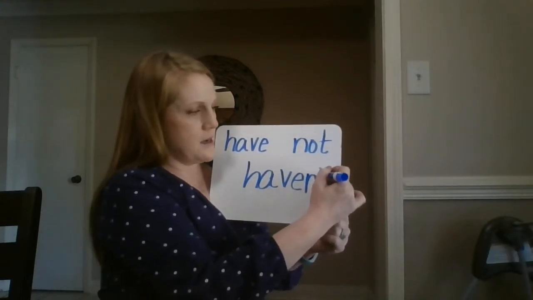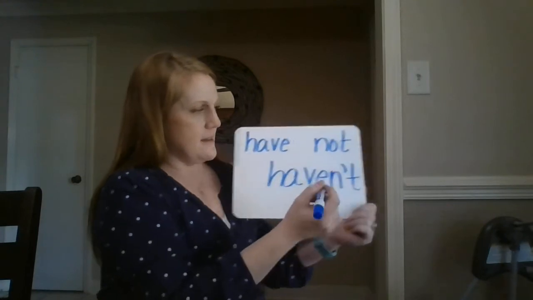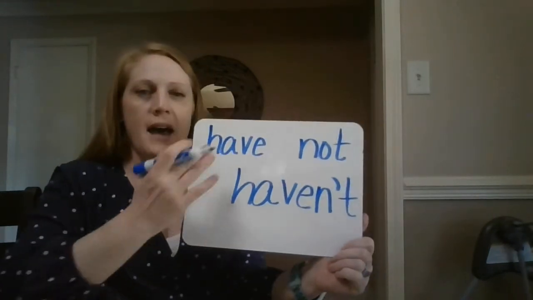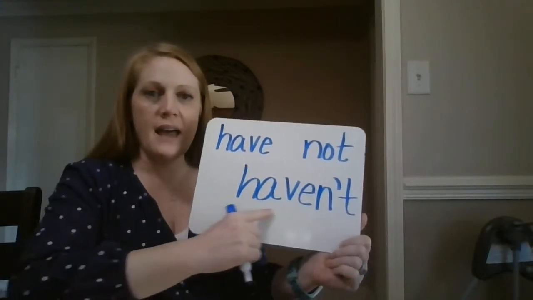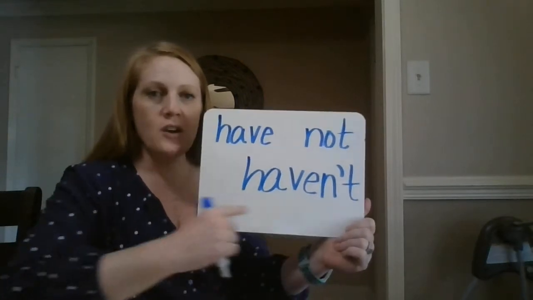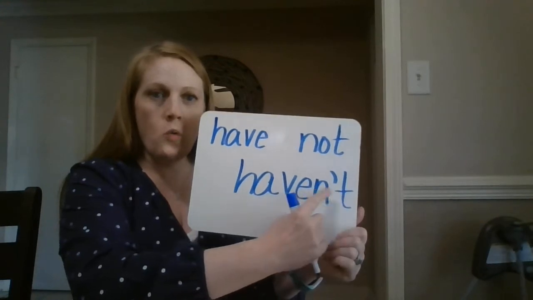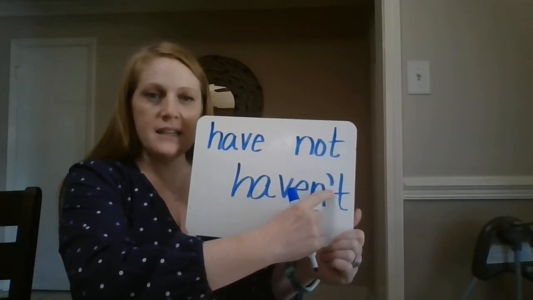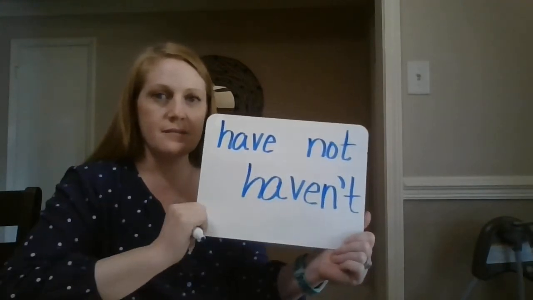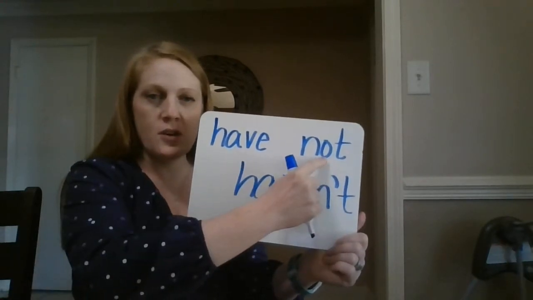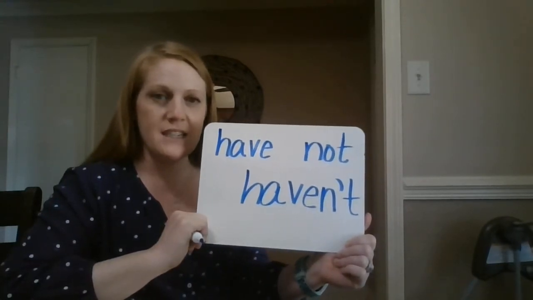N apostrophe T. So have not becomes haven't. What's our new word? Haven't. What letter did the apostrophe take the place of in have not? It took the place of this O right here. Very good. Haven't.